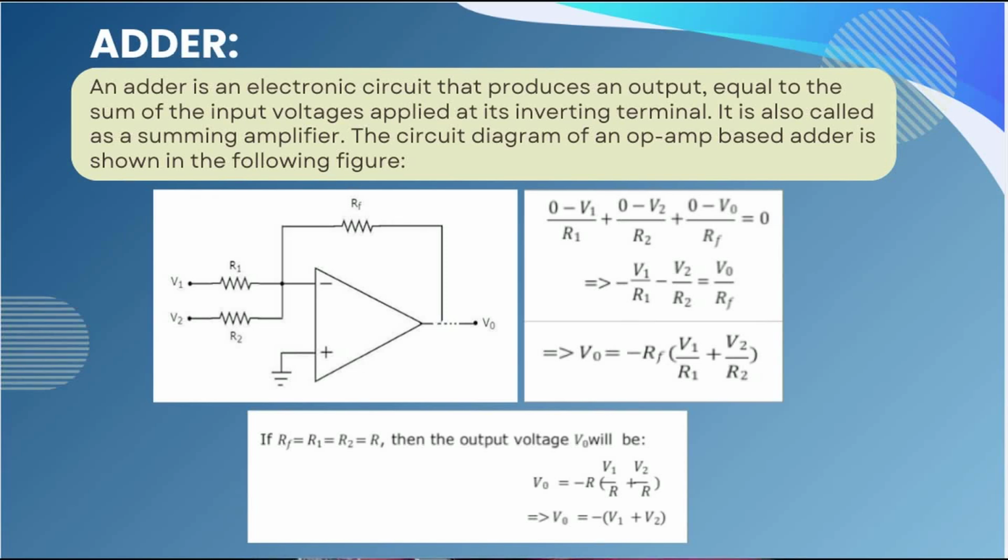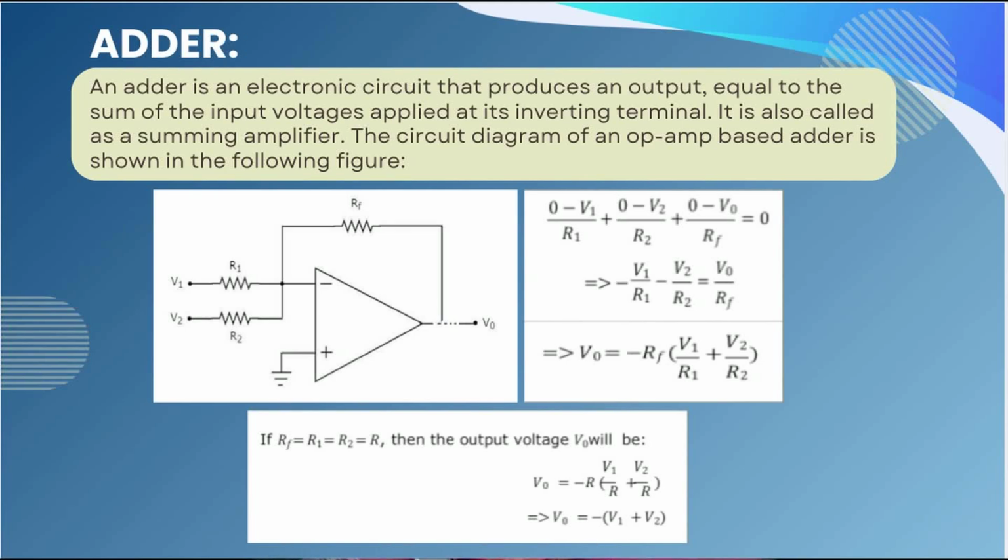This is the circuit diagram when the op-amp is used as an adder. In this circuit, the non-inverting terminal of the op-amp is connected to the ground. That means 0 volt is applied to the non-inverting terminal. And according to the virtual short concept, the voltage at the inverting terminal is the same as that of the non-inverting terminal.